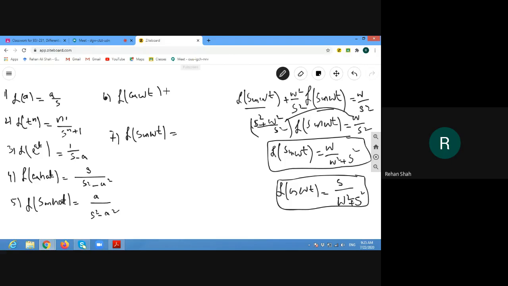In the denominator, there must be s square plus omega square. But in sine, there must be omega, and in cos, there must be s. Did you remember the formulas? Yes, sir. Okay.